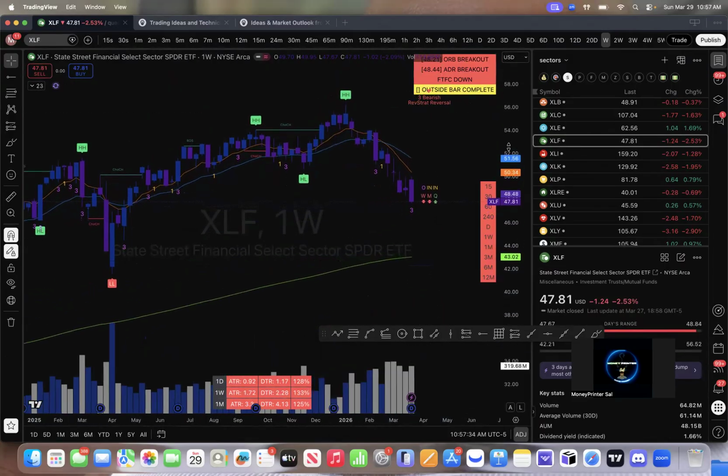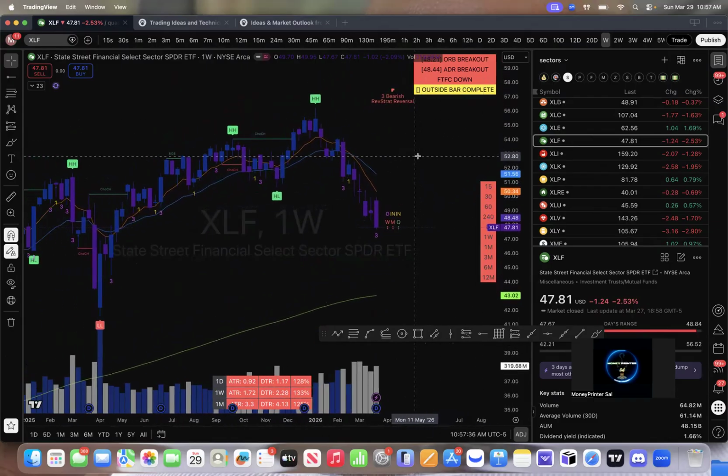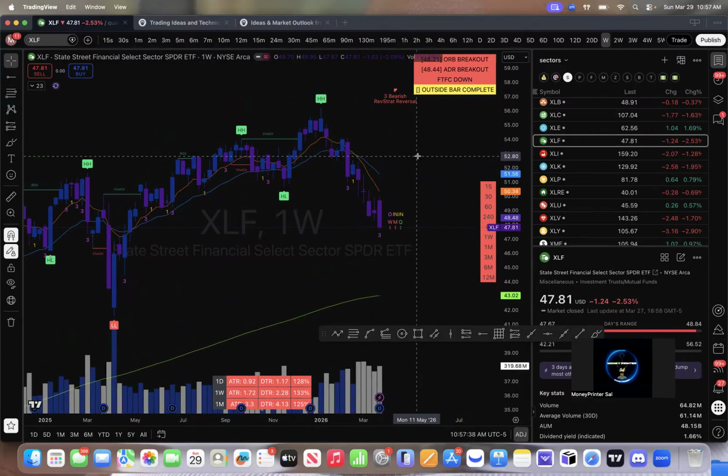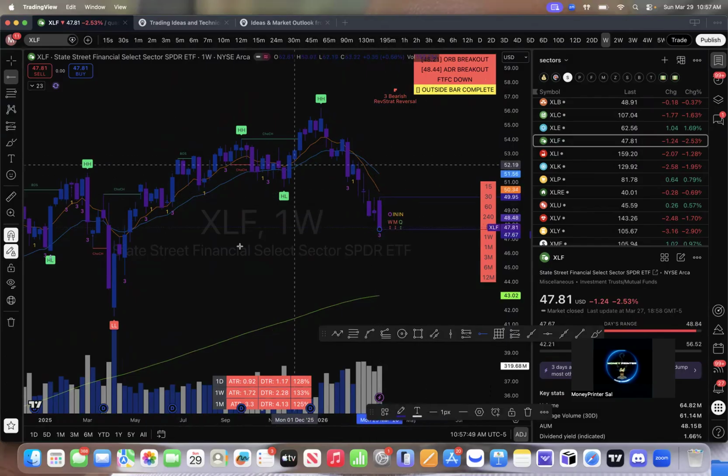XLF, which is the bank sector, this is bearish as well. Although this can absolutely bounce. I mean, I'm sure it will try to.